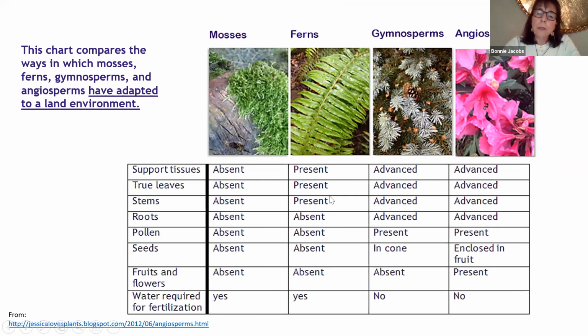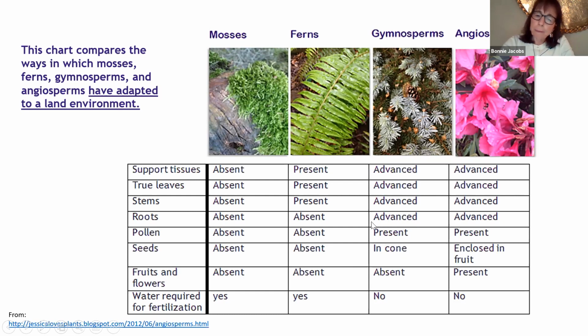But when we go to ferns, ferns are a little bit more advanced. So they have all of these things, but they also require water for fertilization. When we get to gymnosperms, gymnosperms begin to have more things than the more primitive kinds of plants.